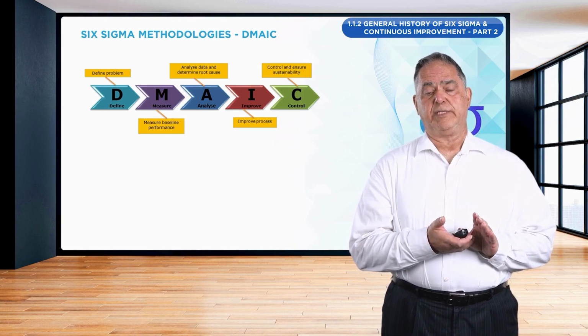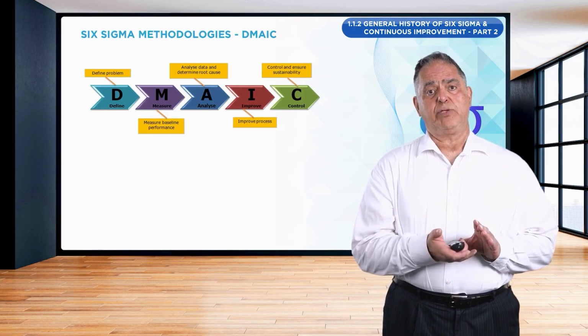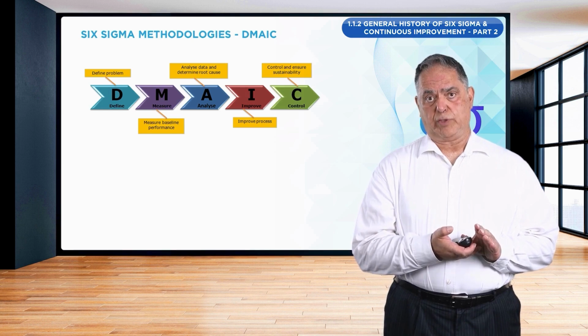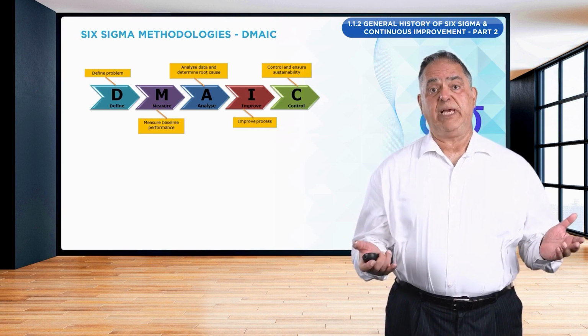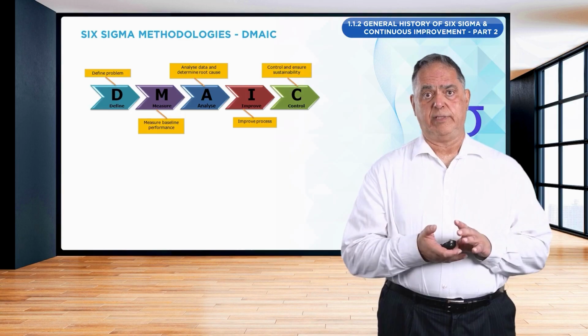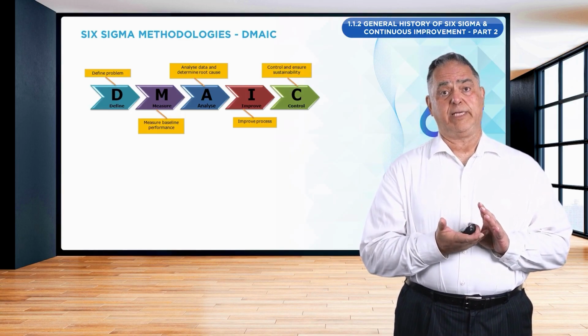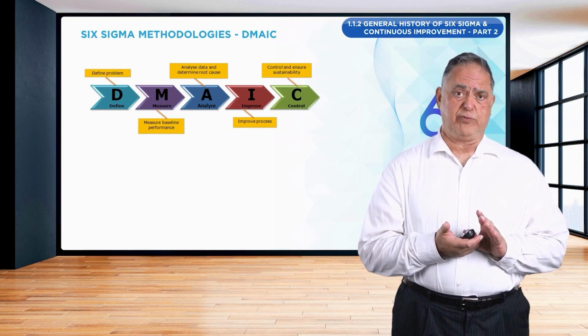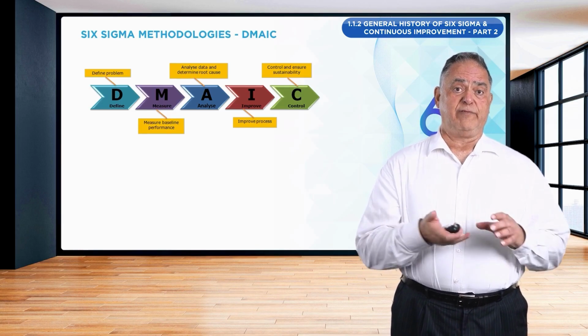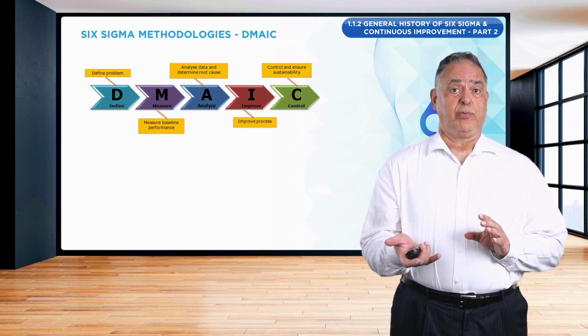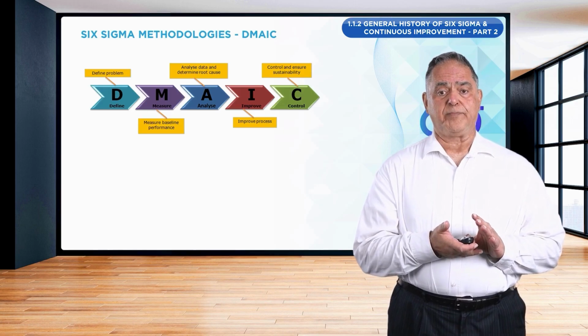During the measure phase, we measure the current performance of the process and we baseline this performance. During the analyze phase, we analyze the data that we collected during the measure phase in order to identify root causes that create process waste.